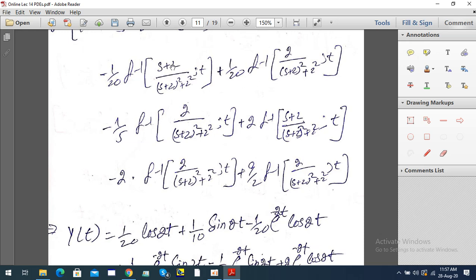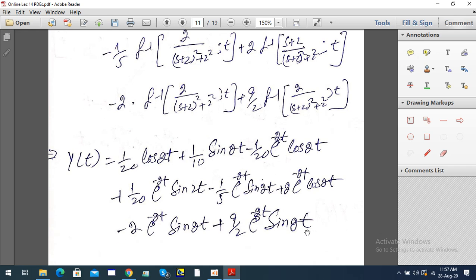Look at this one, it's F of s plus 2, e power minus 2t, and Laplace inverse of s by s square plus 2 whole square, which is cos 2t. So I have applied here the shifting theorem.